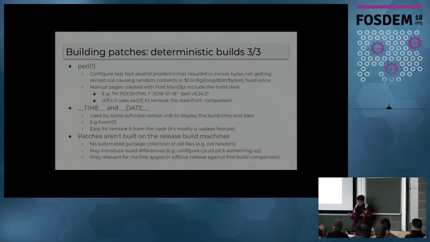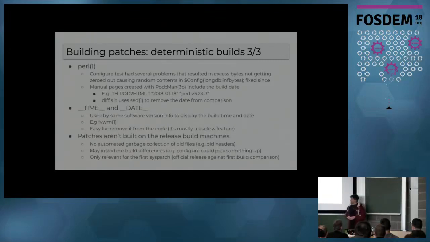It was not always the case. It was completely random, and it was a hard one to track down. But finally, we saw that it was fixed in Perl a few months before we started looking into it. So we just backported the patches.